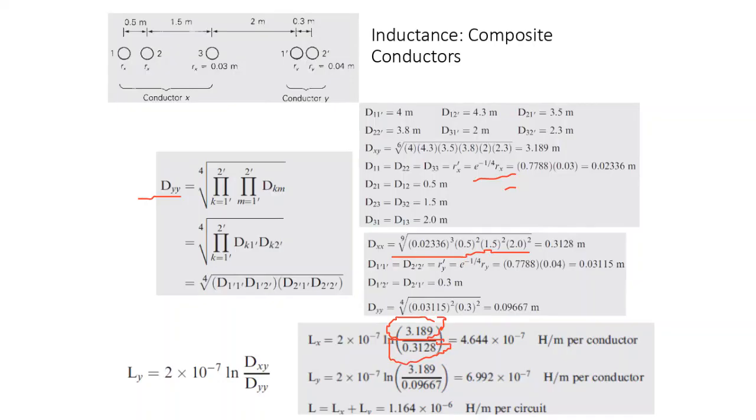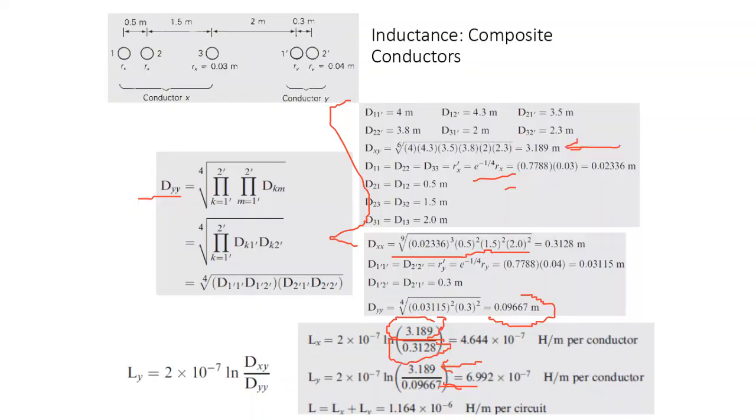DYY, or 0.9, which is this one, and DXY is 3.189. DXY equals DYX. The distance between conductor X and conductor Y is the same as the distance between conductor Y and conductor X. You see, after all this, you will only calculate one of the distances, DXY.